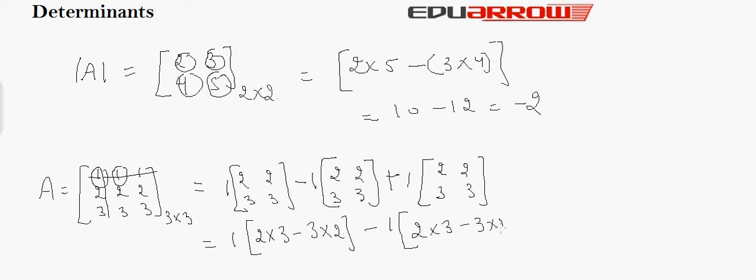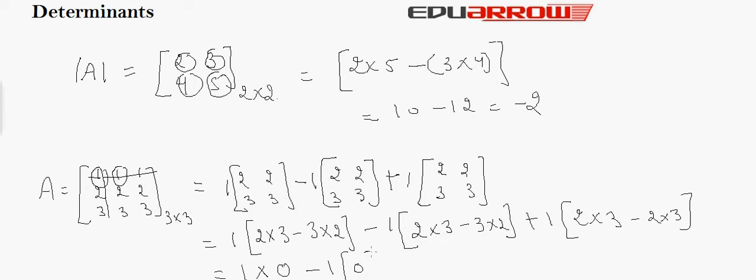Minus 1 into 3 into 2 minus 2 into 3, plus 1 into 2 into 3 minus 2 into 3, is equal to 1 into 6 minus 6, 0, minus 1 into 6 minus 6, 0, plus 1 into 6 minus 6, 0, is equal to 0. So, determinant of matrix A is equal to 0.